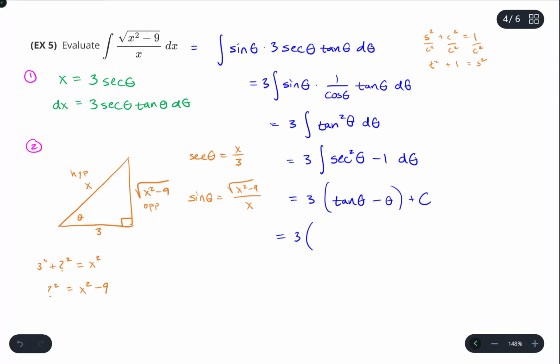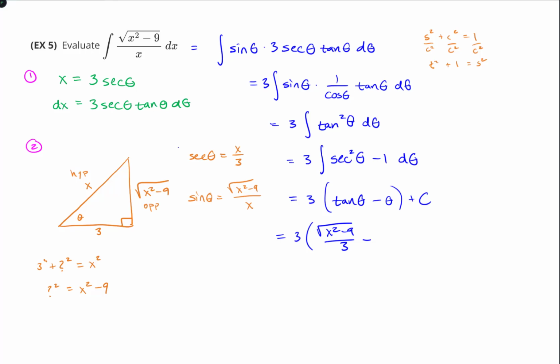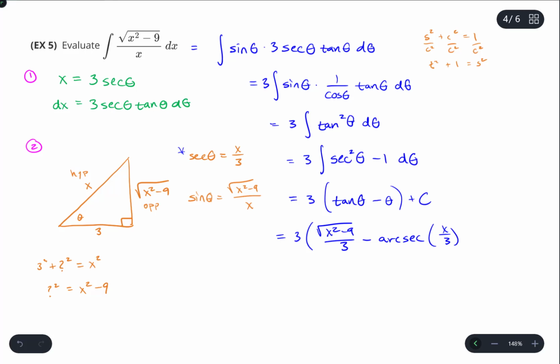Tangent is the opposite over the adjacent, so that's going to be square root of x squared minus 9 over 3. Theta, I can use this relationship here with secant and say that theta is the arcsecant of x over 3.